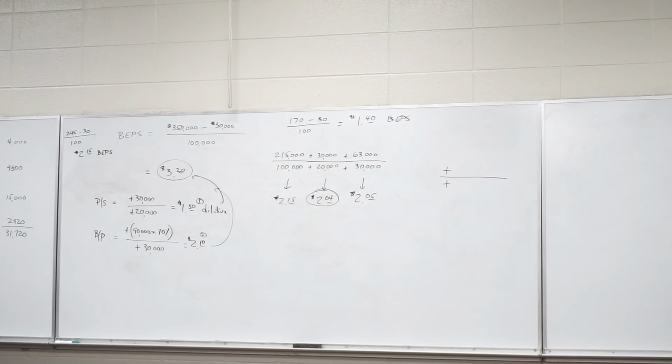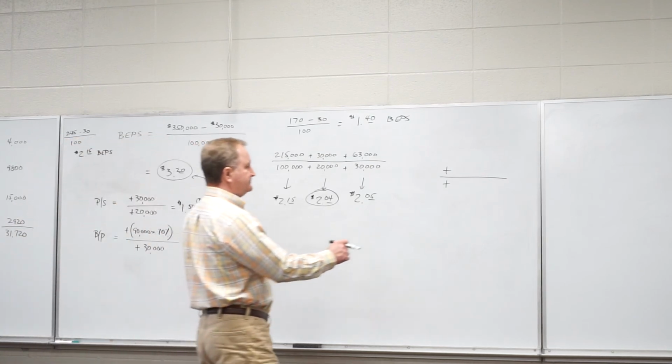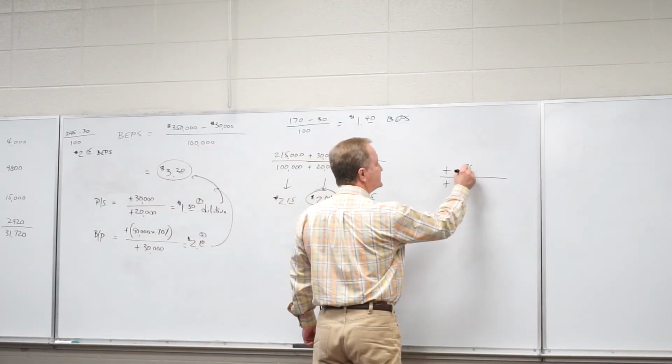But you multiply that $100 times what? The complement of the tax rate. So I would get to keep $70.